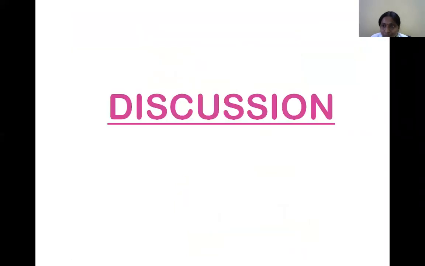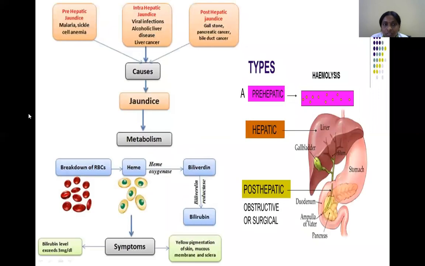Coming to the discussion part, jaundice is classified into three types: pre-hepatic, hepatic or intrahepatic jaundice, and post-hepatic jaundice. Post-hepatic jaundice is also known as obstructive jaundice. Pre-hepatic jaundice is mainly caused by malaria and sickle cell anemia.